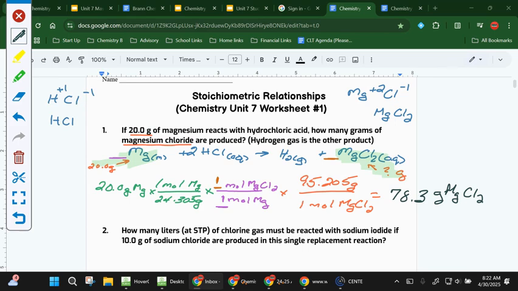10 grams of sodium chloride are produced. Okay, so this is a simple replacement reaction. Chlorine has replaced what in its carbon.